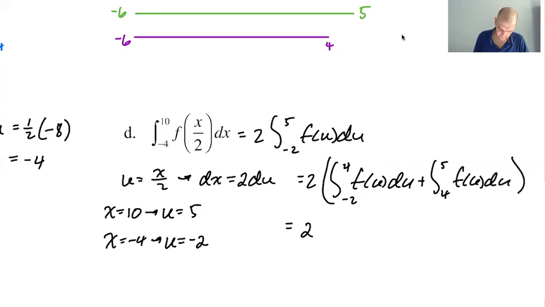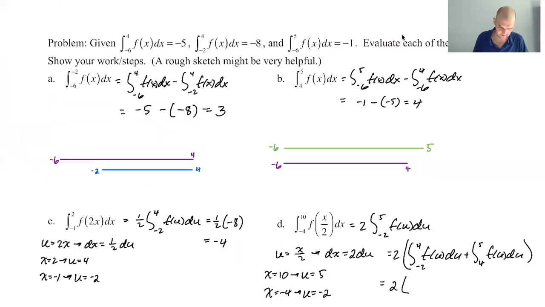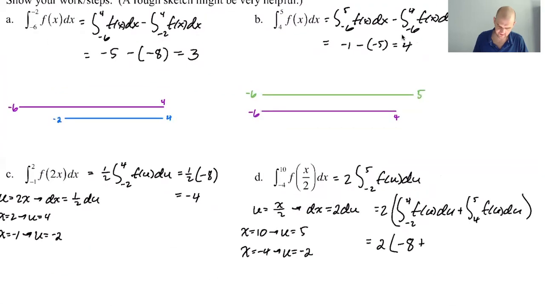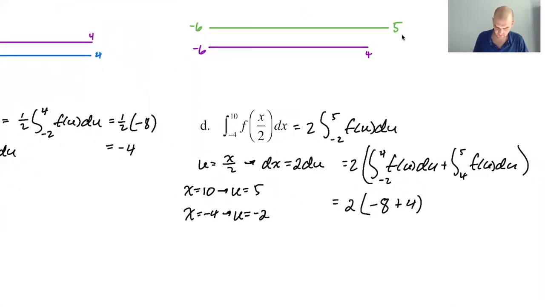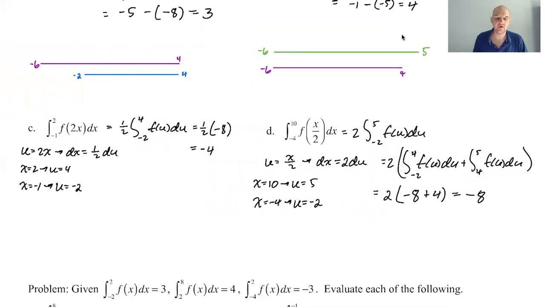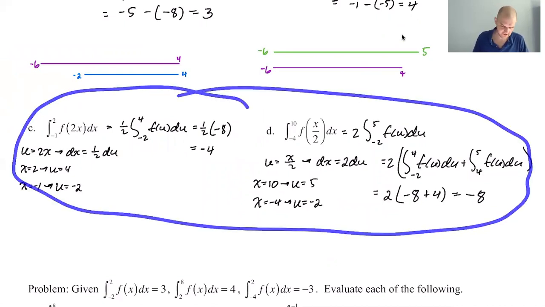So 2 times -2 to 4, which is -8, plus 4 to 5, which is 4. We're using previous answers, which is always risky, but there's no avoiding it with these problems. So I think we got that. We haven't had to use our little toys on these problems, but that's okay.